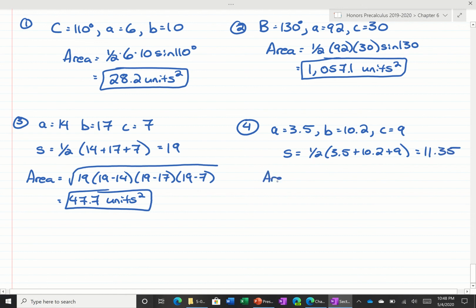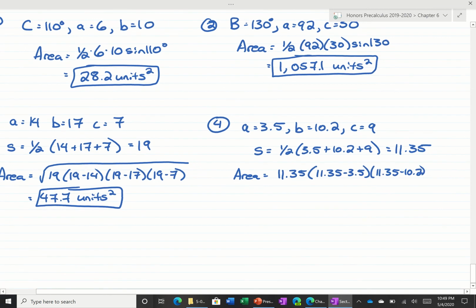So our area would be 11.35 times 11.35 minus 3.5 times 11.35 minus 10.2 times 11.35 minus 9. And that area would come out to 15.5 square units.